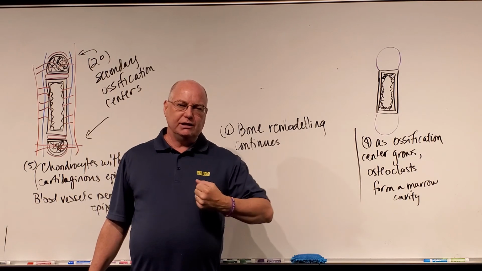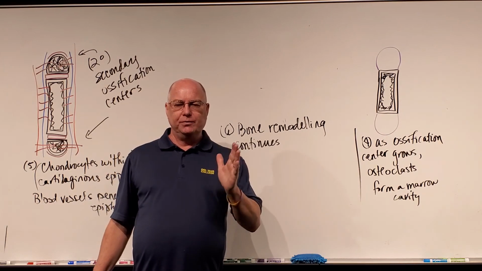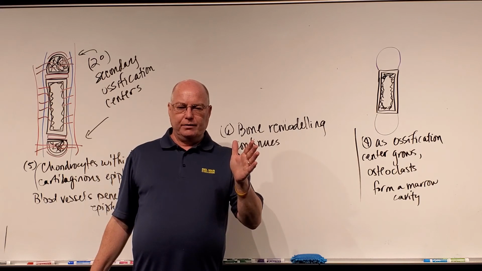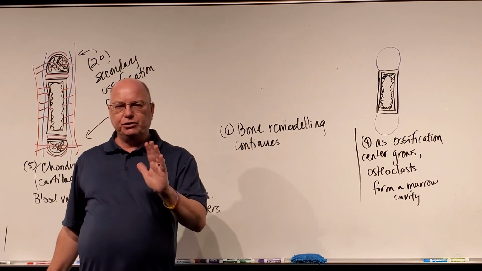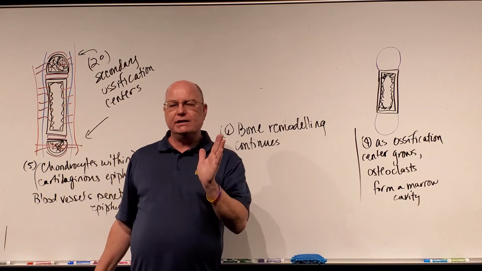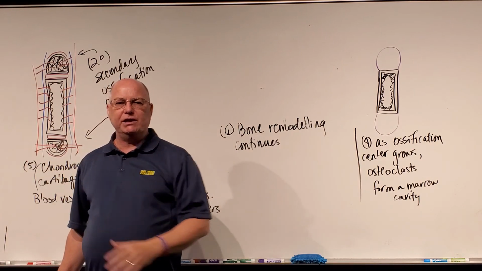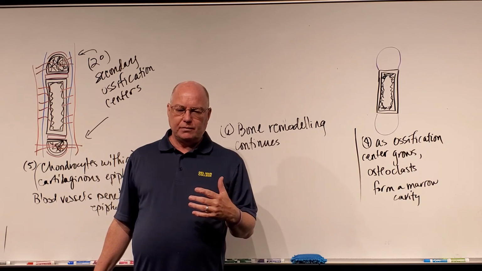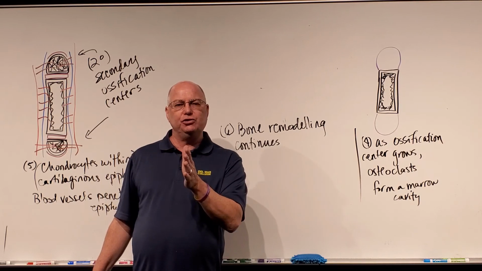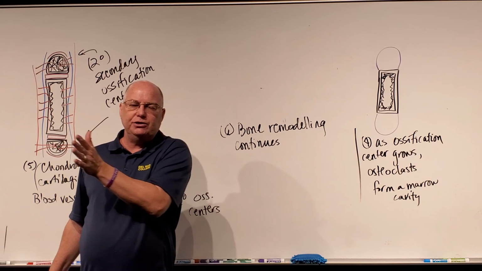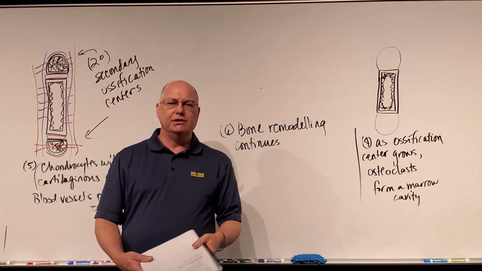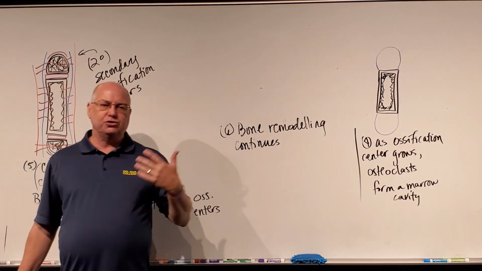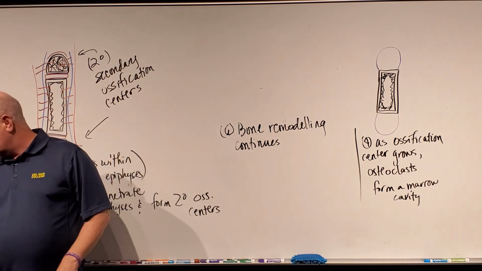Our skeleton can continue to grow and get larger from birth all the way up until we're somewhere between like 17, 18, and about 25 to 27. That's when we're done growing and forming our skeleton. For females, it's usually a little sooner or earlier in life. Males continue to grow and develop their skeleton a little longer due to our sex hormones and some other things that we're going to talk about.